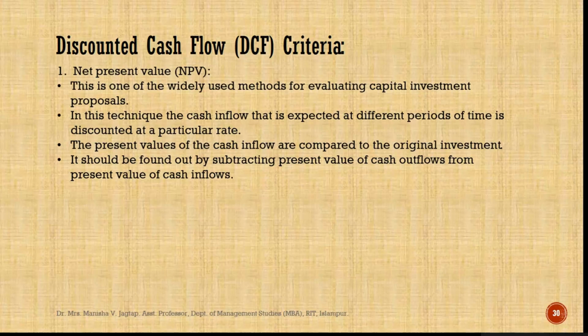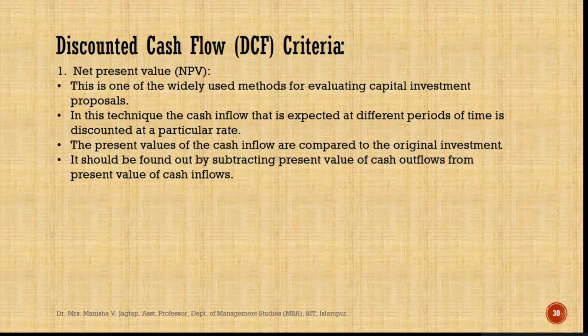Why is this used widely? Because in this particular technique, the cash flow that is expected at different periods of time is discounted at a particular rate. That means it gives importance, significance to time value of money.